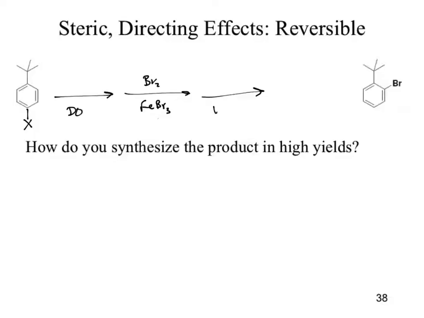So do and undo. As long as a couple people get it. So, what do we have to do? Add in something that is a good leaving group. We need something that would attach to the structure, but is also easily reversible or leavable.